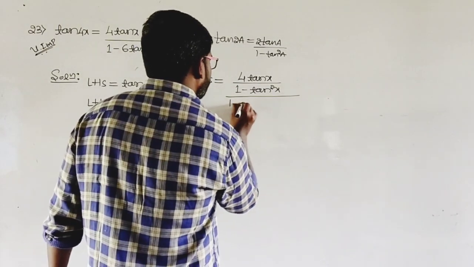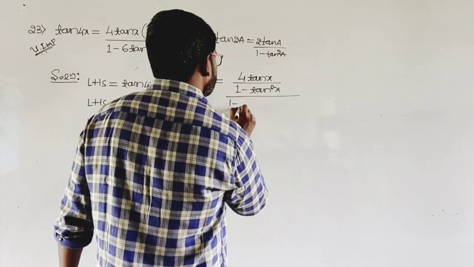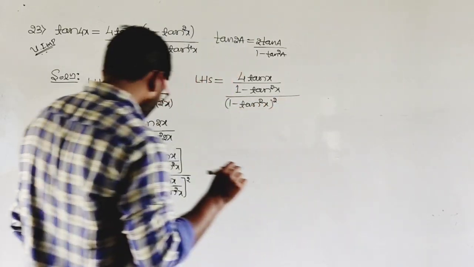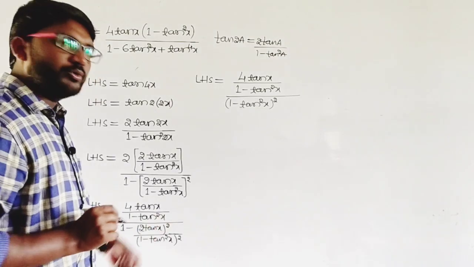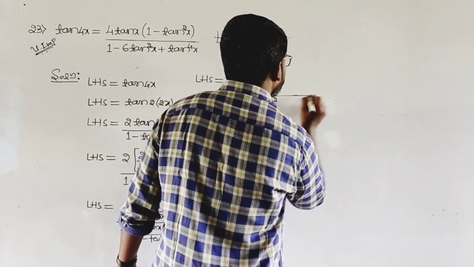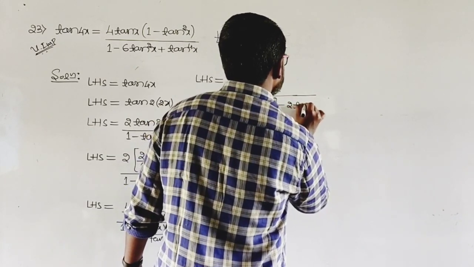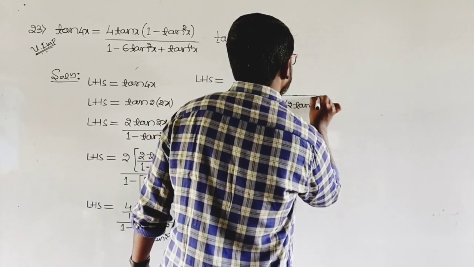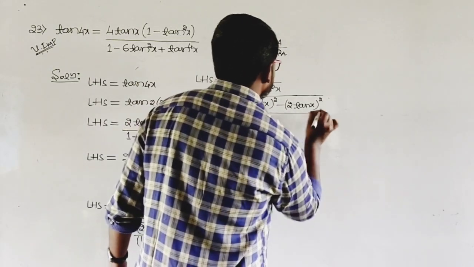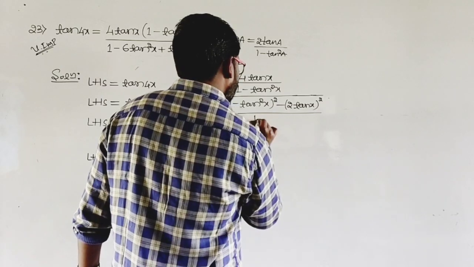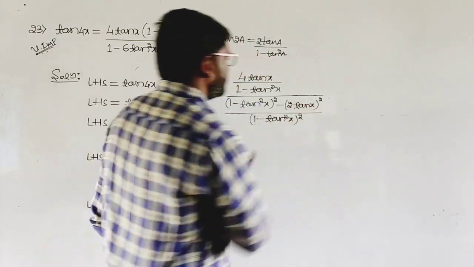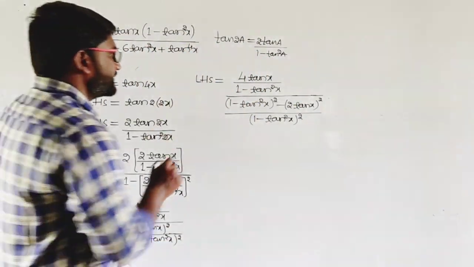So see here, 1 minus tan square x the whole square, minus 2 tan x the whole square, then divided by this particular term, that is the LCM, 1 minus tan square x the whole square. So let us simplify this now.